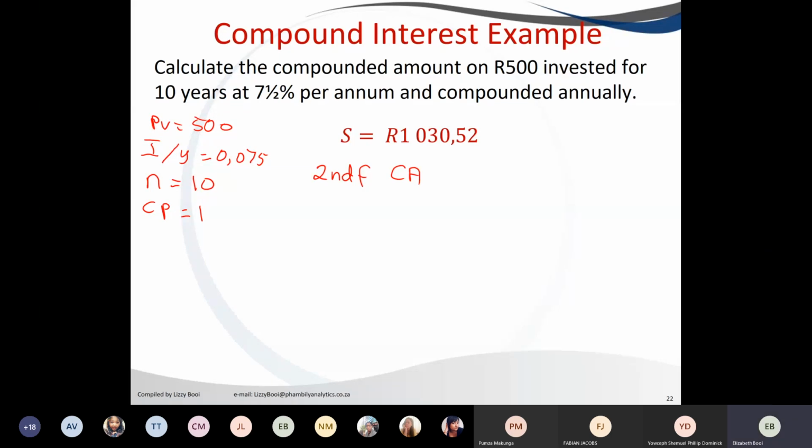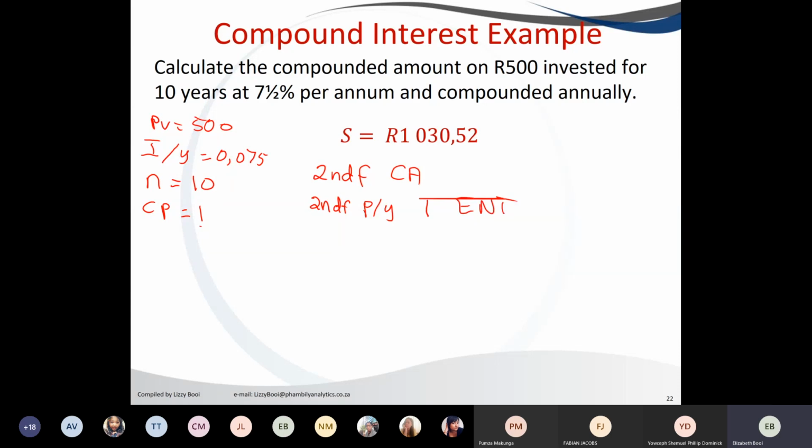Then the second step, we need to put in our compounding periods. We know that our compounding period is 1. So we say second function, and then we press the P/Y, which is the I/Y button. I always like to say press the I/Y because that's what you see. You press the P/Y, which is orange, and you press 1 and you do enter.